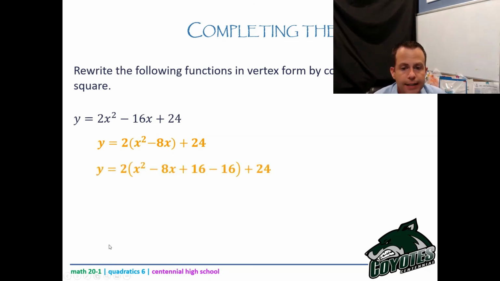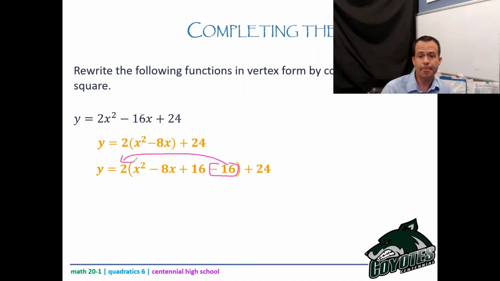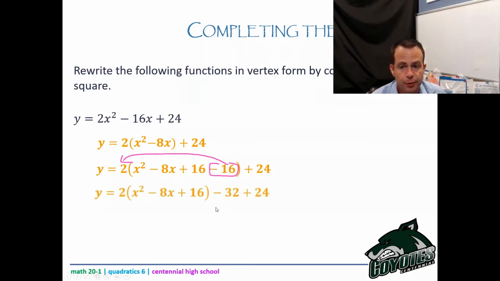Now I need to get that negative 16 out of the way. In order to get it out of the way, I've got to multiply it by the 2, because that's why it's inside the brackets right now. 2 times negative 16 will give me negative 32. So on the outside here, I'm going to have a negative 32 plus 24. This is ready. This is my cute little perfect square trinomial.